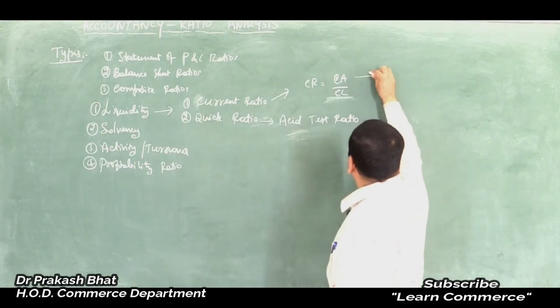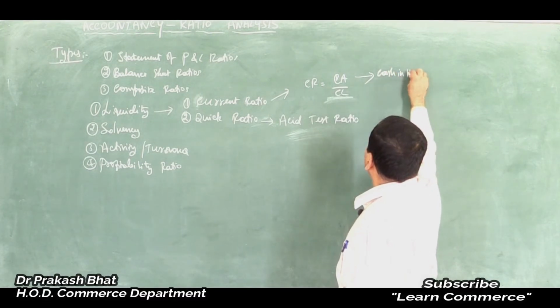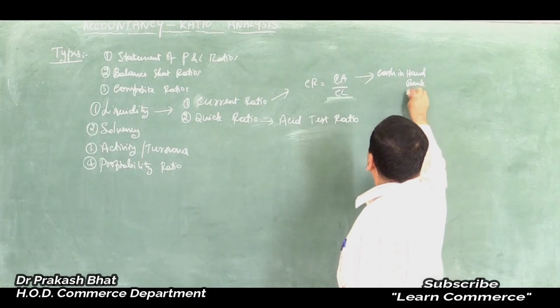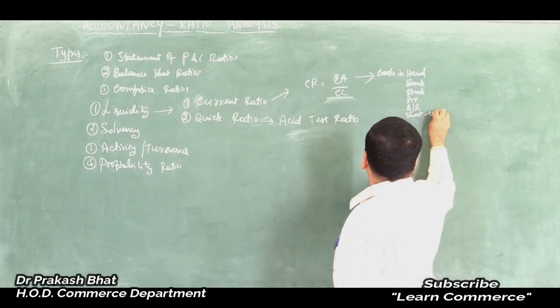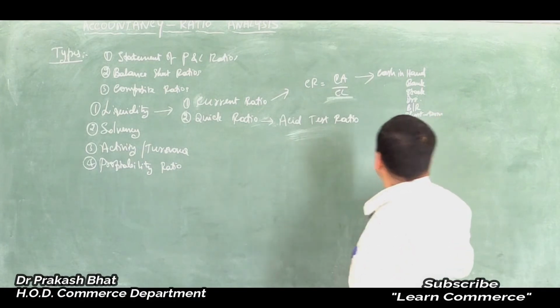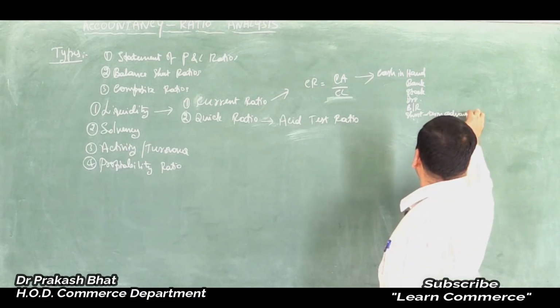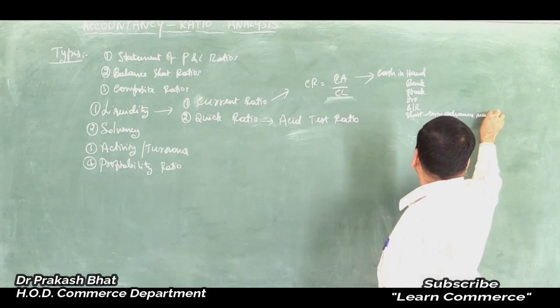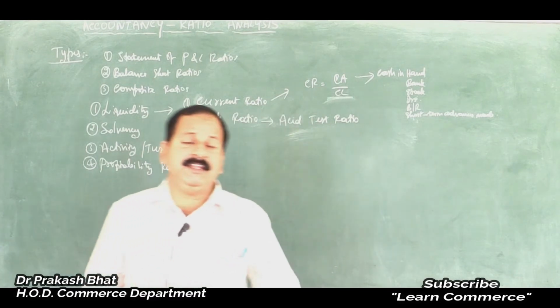Current assets means cash in hand, cash at bank, then stock, debtors, bills receivable, short-term advances made, or short-term investments.